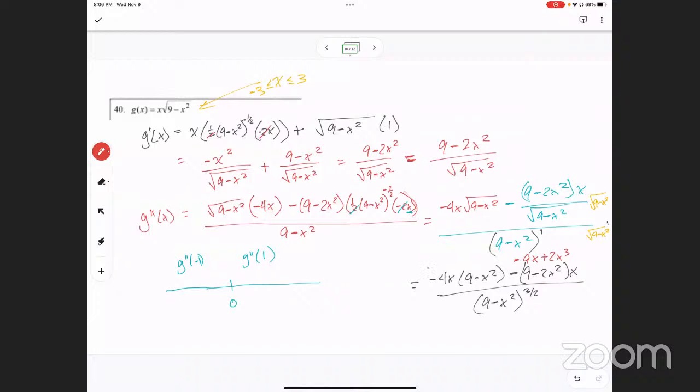And this becomes negative 36x, right? Plus 4x cubed. So when I simplify those, I get 6x cubed minus, it's supposed to be minus, making sure, yes, 6x cubed minus 45x.